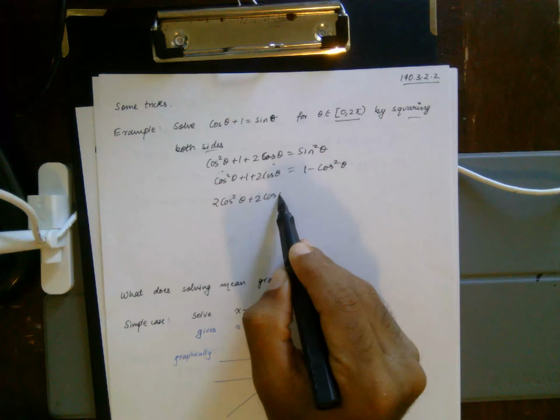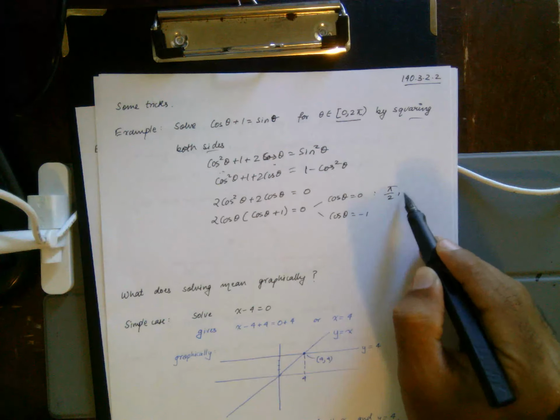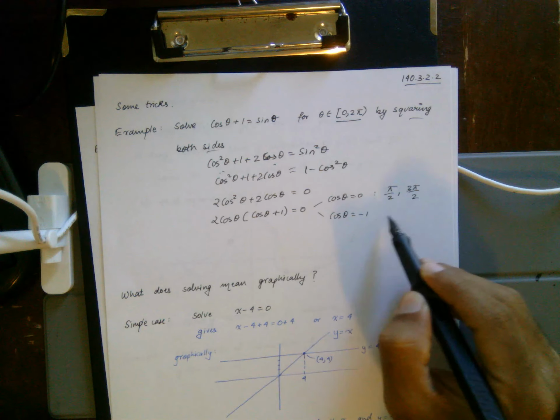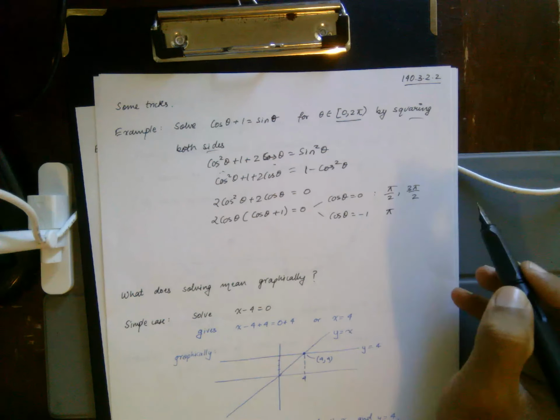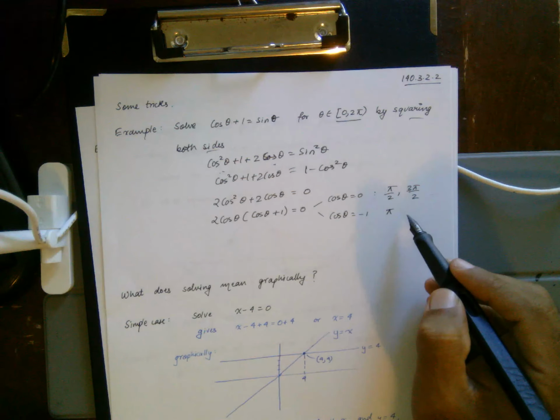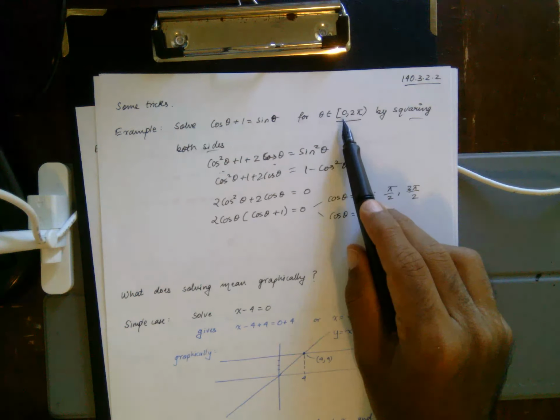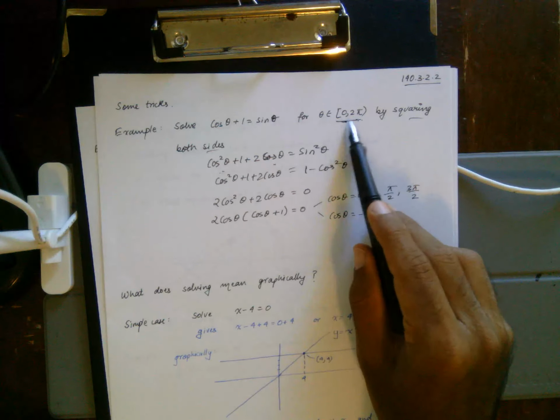Factoring out 2 cosine theta, I get cosine theta plus 1 equals 0, giving me cosine theta is 0 and cosine theta is -1. This happens at pi over 2 and 3 pi over 2, and this happens at exactly pi. So in this case we are not reporting the general solution because it says to find the solution in this particular range.